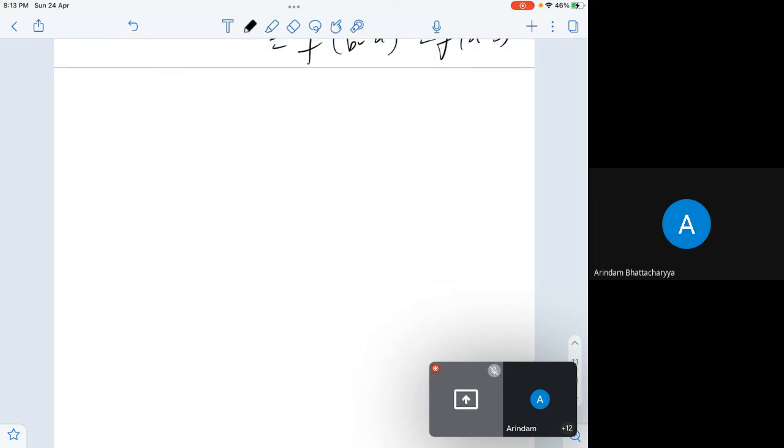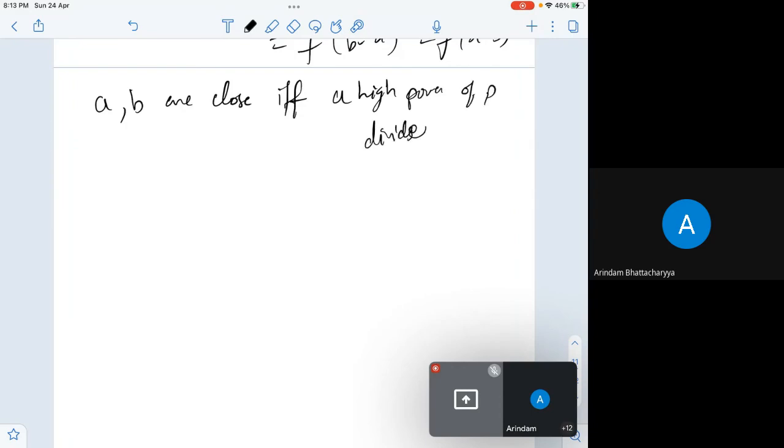So this is how you should think of this distance function: two numbers a and b are close if a high power of p divides a minus b. Make sense?